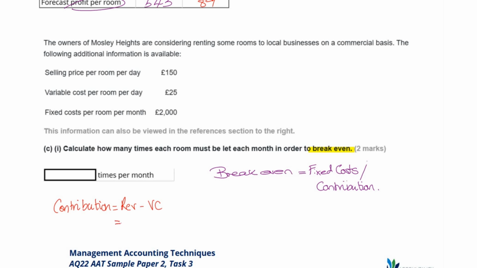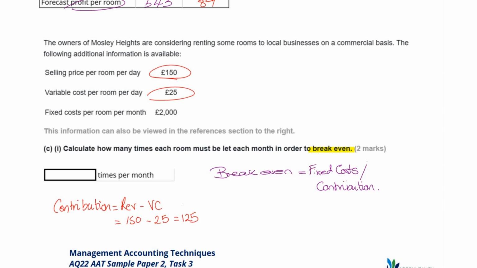So our contribution is 150 minus 25, which gives us 125 contribution. So there's our revenue, there's our variable cost. So we've got 125 contribution.